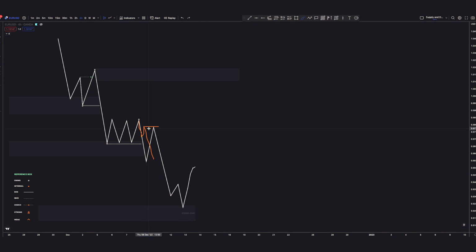All right, so right here again we would have another supply area, and now that we've learned market structure, you can still see the push, pullback, push, pullback, push, pullback. And that's what I said. I don't remember which section I said that in, but you need to pay attention to where price stopped. It wasn't just random.